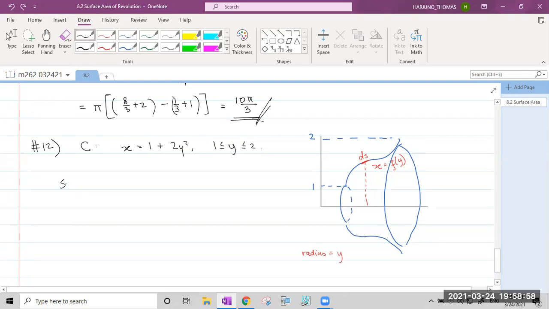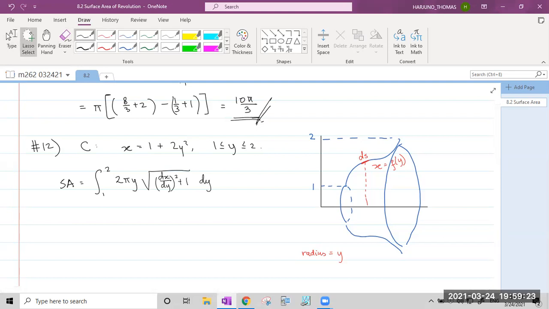So the surface area is now equal to the integral from 1 to 2 of 2 pi y, that's the circumference, times the square root of (dx/dy) squared plus 1 dy. You see what I mean?